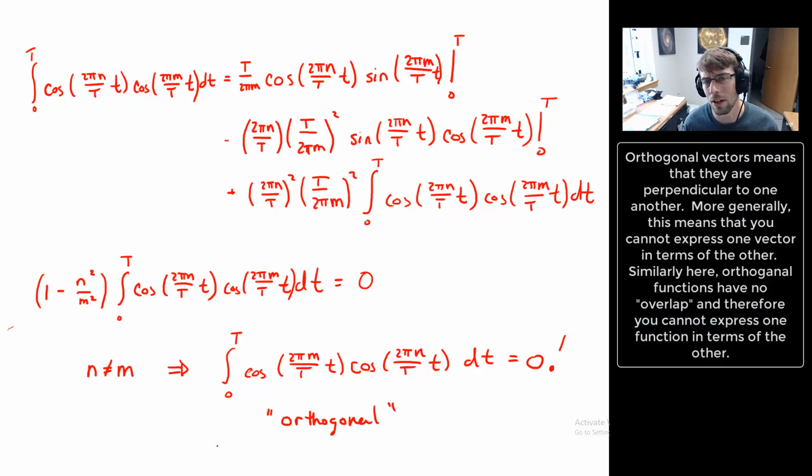And notice it's not by accident that I chose big T to be the limits of integration. So these two functions are orthogonal over a period of time, big T. Cool, huh?